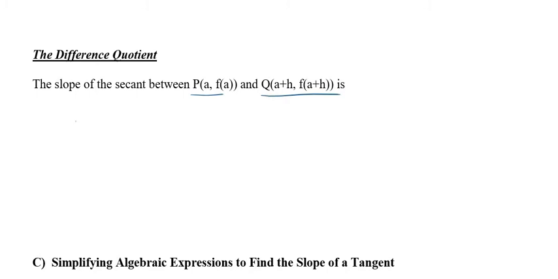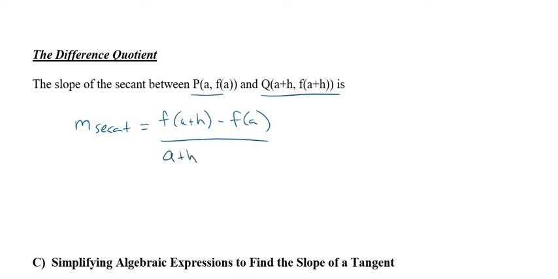So to find the slope of the secant, we're just going to do what we usually do, y2 minus y1 over x2 minus x1. So that's going to be f of a plus h minus f of a, over x2, which in this case is a plus h, minus x1, which is a.